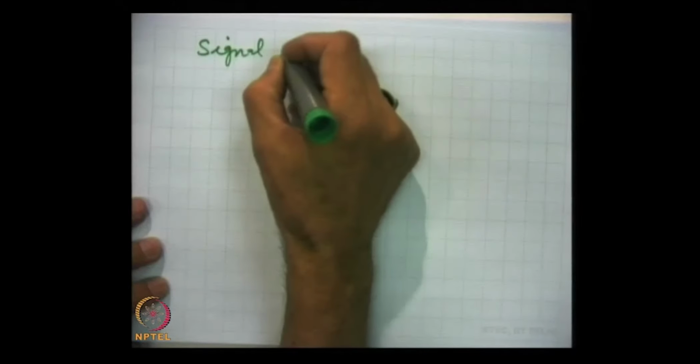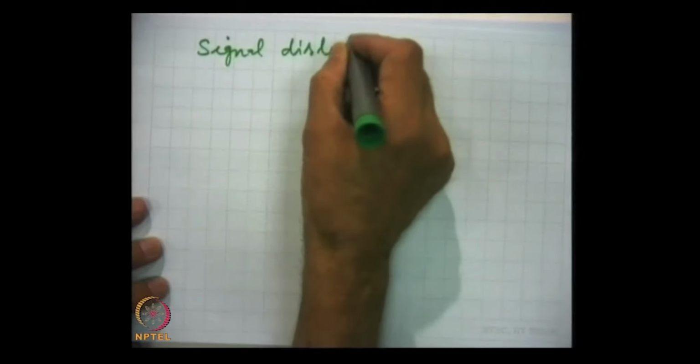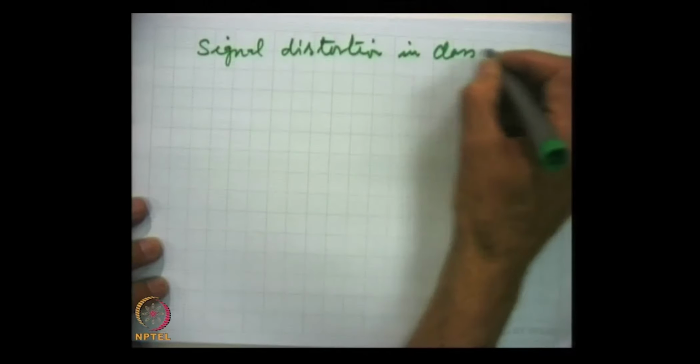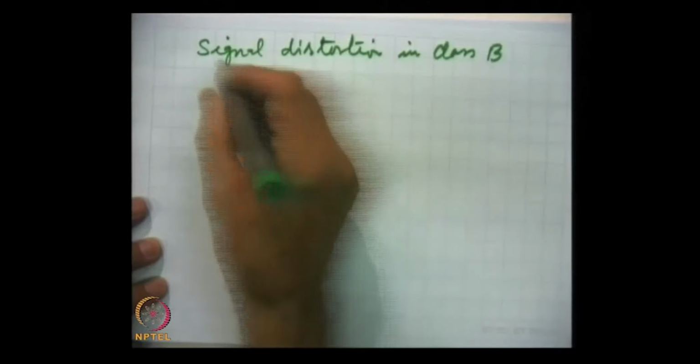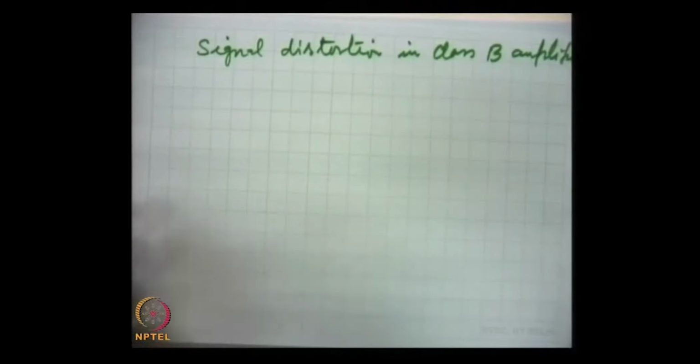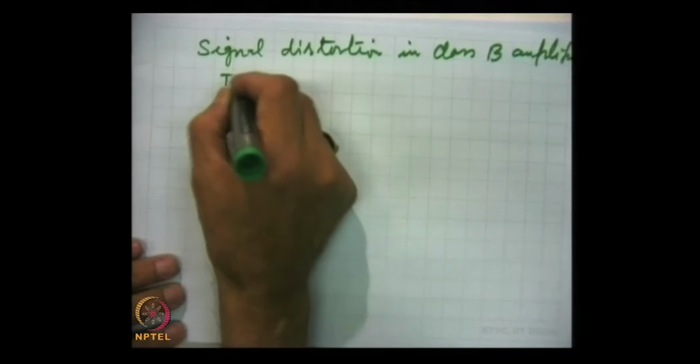in class B operation signal distortion occurs actually, and there are two types of signal distortion in a class B amplifier.